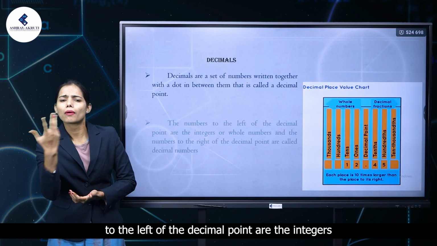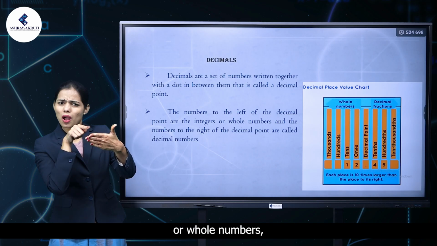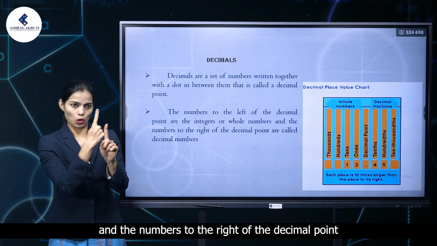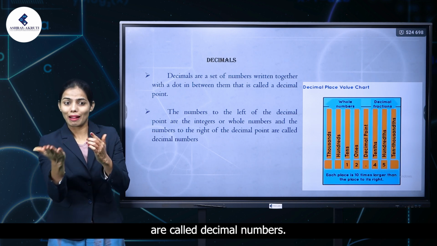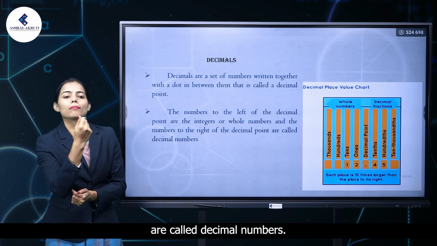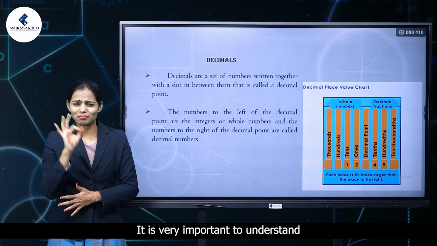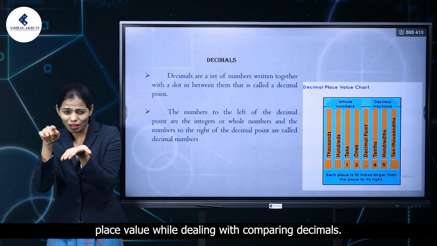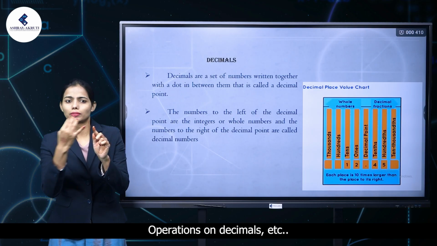The numbers to the left of the decimal point are the integers or whole numbers, and the numbers to the right of the decimal point are called decimal numbers. It is very important to understand place value while comparing decimals, doing operations on decimals, etc.